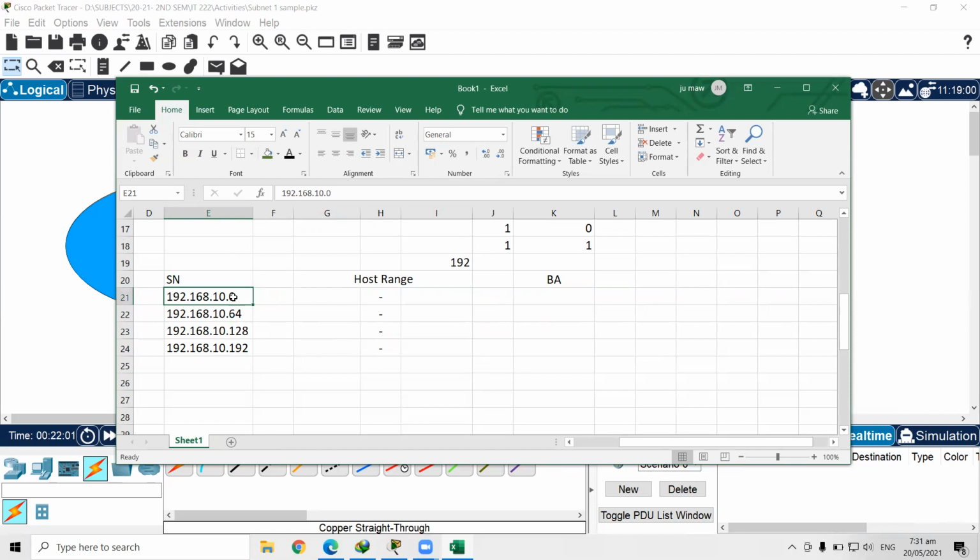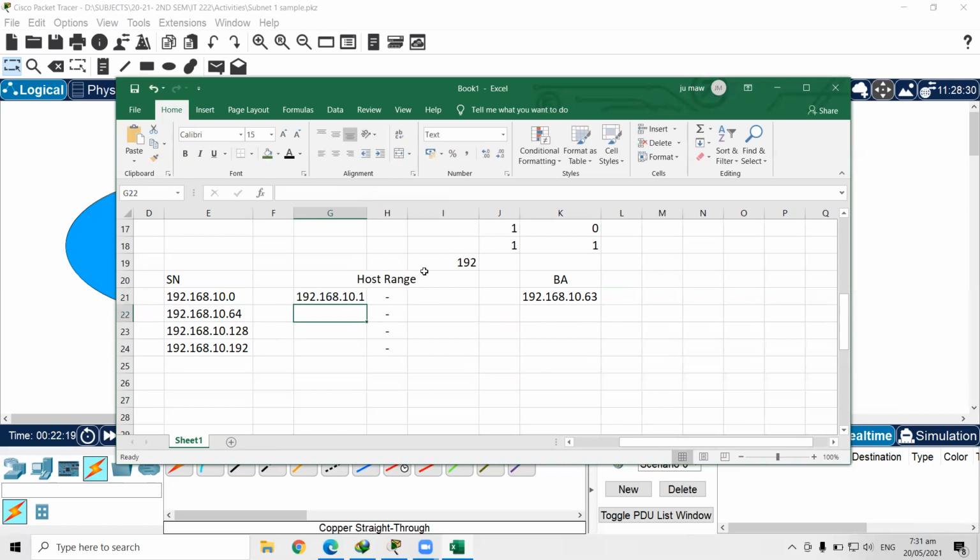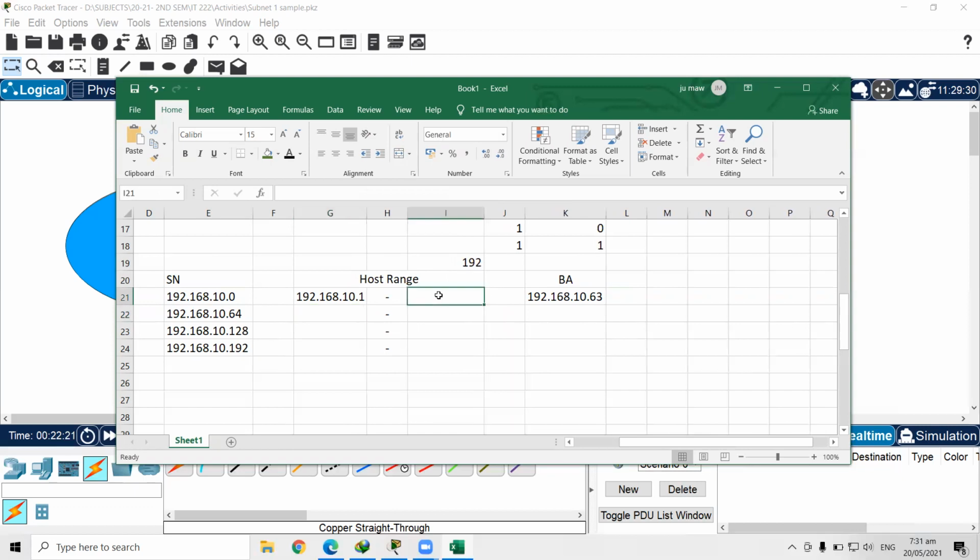So, therefore, ang broadcast niya is 63, kasi yan yung value before mag 64. So, yung host range ngayon will be, after the subnet, that will be 1 up to, before the broadcast, that is 62.